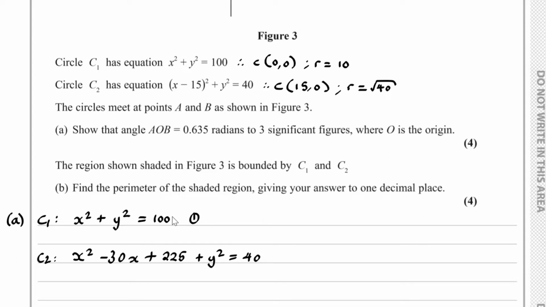For me to solve this simultaneously, I can rewrite this as x squared plus y squared equals 30x minus 185.